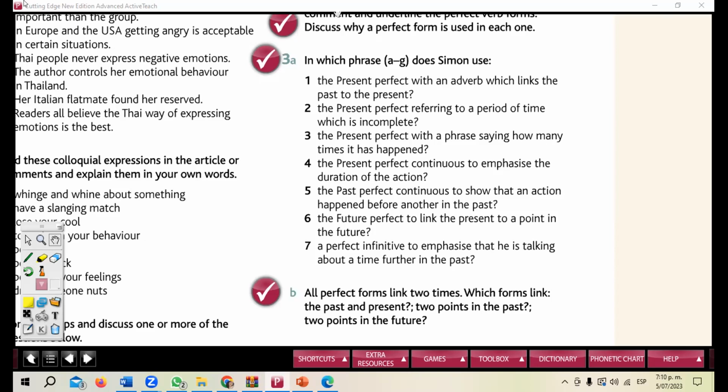Okay, so let's read. Let's start checking. The first one is the present perfect with an adverb which links the past to the present. What do you think it is?